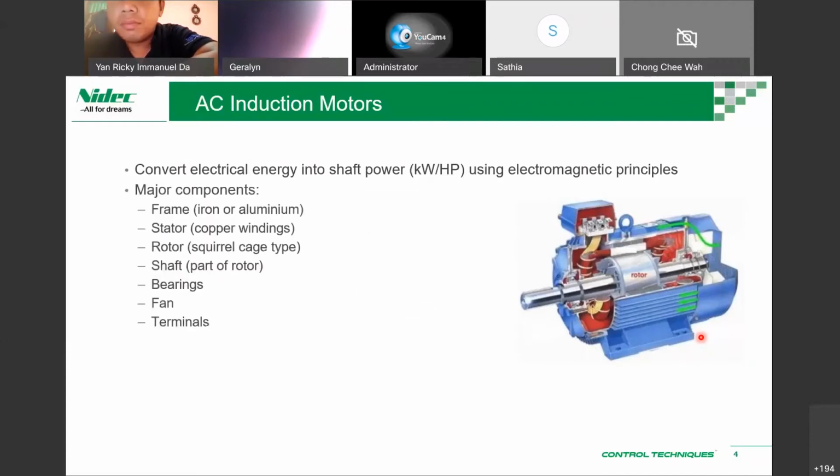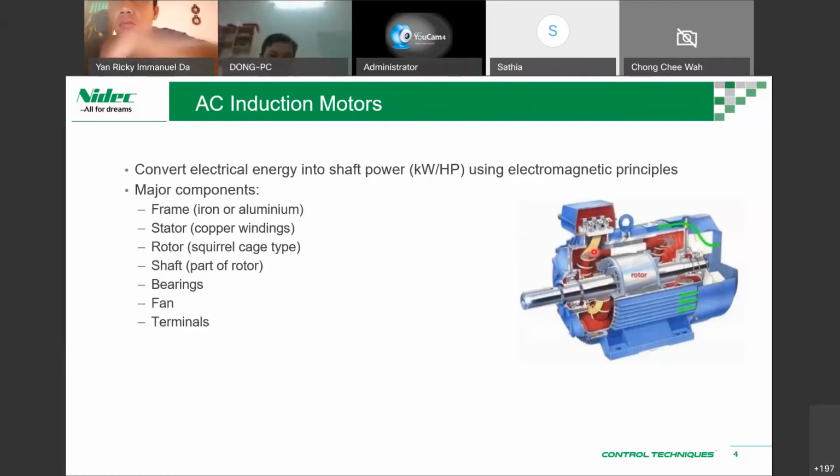The major components of the motor are the frame itself, the outside of the motor, and the stator, where the copper winding is. And we have the rotor, a squirrel cage type, and the shaft. We have a shaft at the front and a shaft at the end.